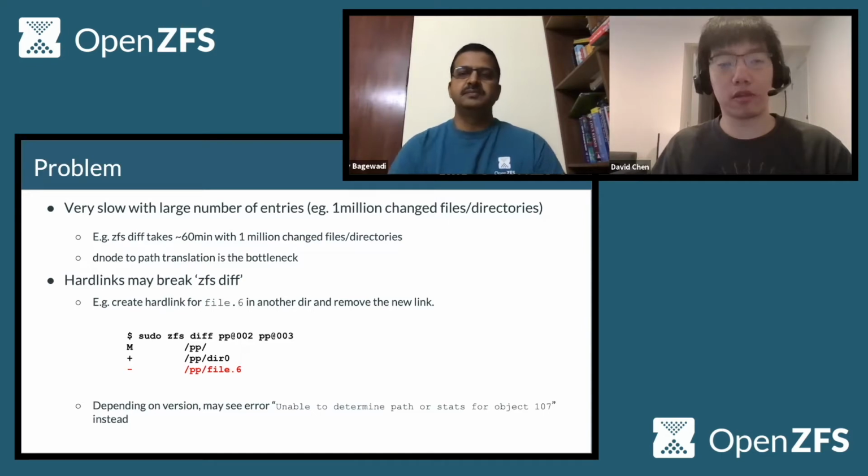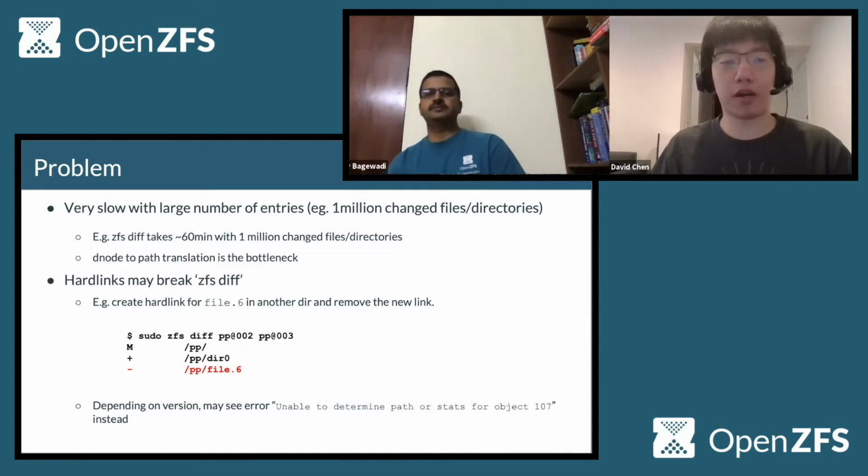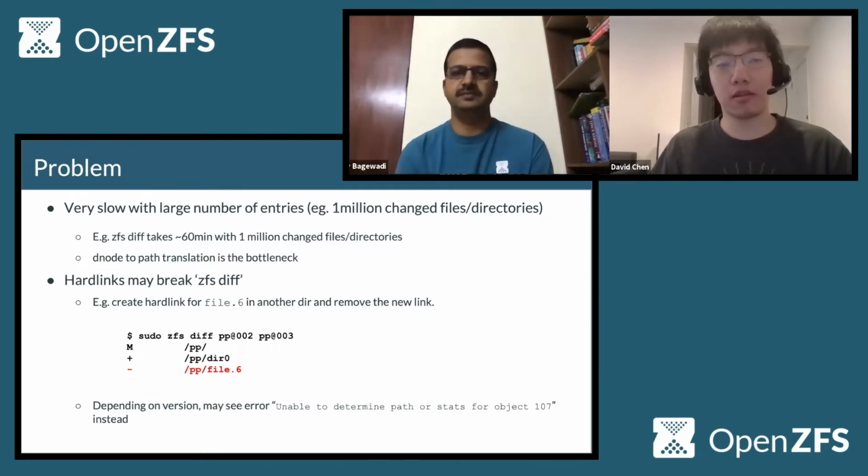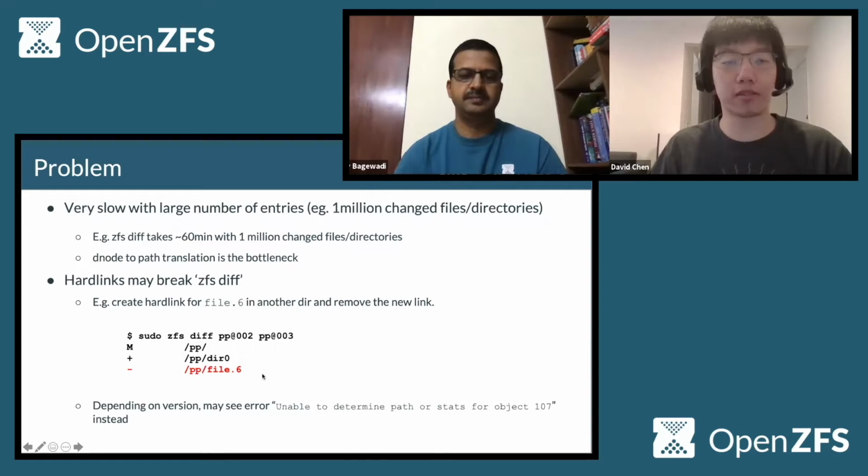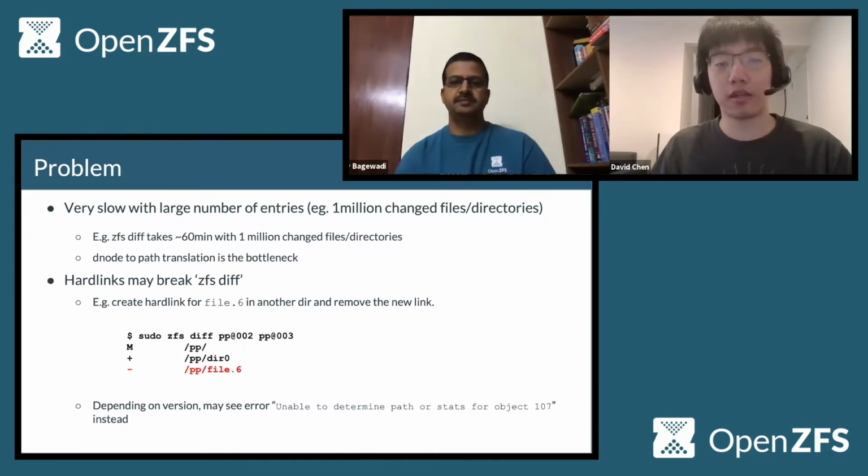Another issue we found is that when you have hard link changes mixed in, it will actually break the ZFS diff. For example, you have a file called file.6 and you create a hard link in another directory, and then you remove the new link you just created.